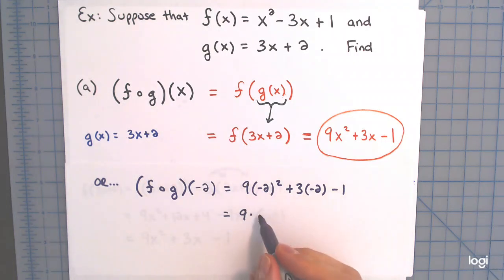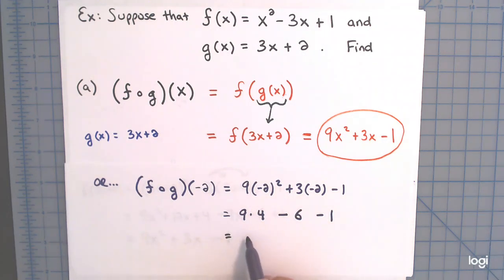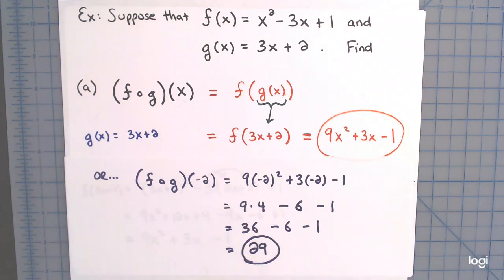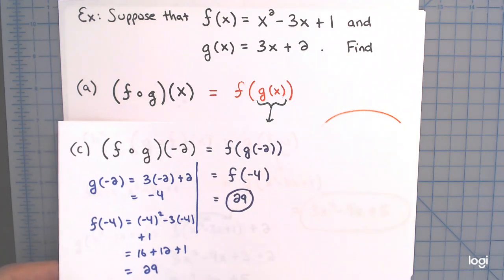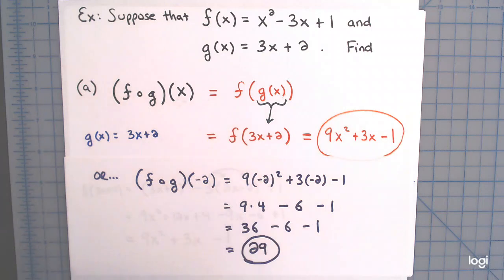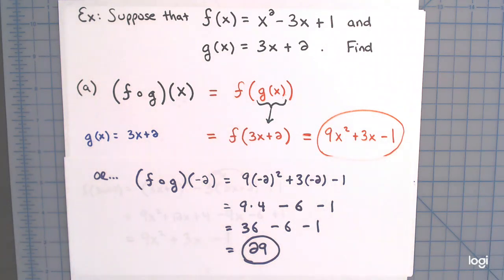And then positive 3 times -2 is -6, and then minus 1. This is 36, 9 times 4, then minus 6, minus 1. That's 30 minus 1, 29, which is what I was hoping for. That's the exact same value I found when I did it the first way earlier in the video. So this rule seems to be a good rule. I seem to have done my work properly.